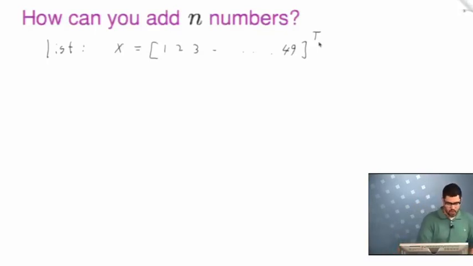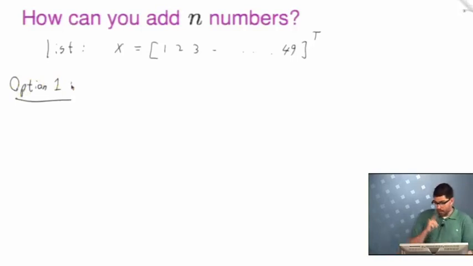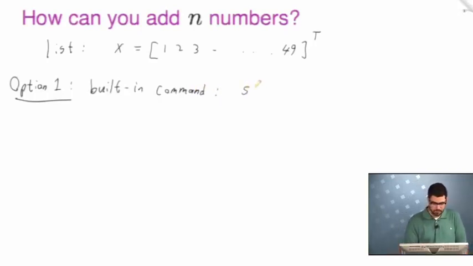Okay, so let's talk about option 1. Option 1 is to use a built-in command in the software that you're using. For example, if you're using Excel or if you're using MATLAB, there's a command called sum of x.